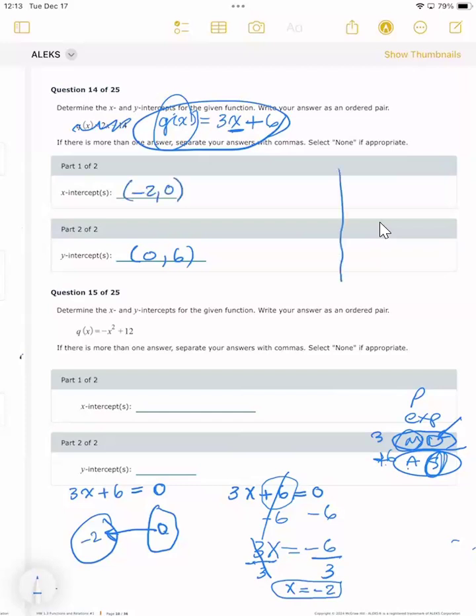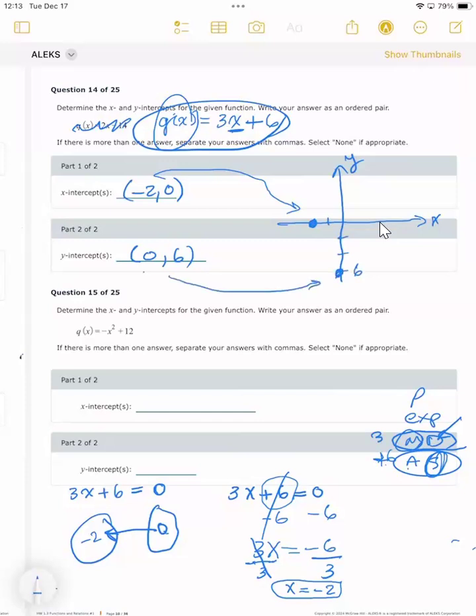Again, to graph this equation, because it's a linear equation, your x-intercept is negative 2. So this is your x-axis, this is your y-axis, this is (-2, 0), this point. And this point, x is 0, y is 6. So 2, 4, 6.